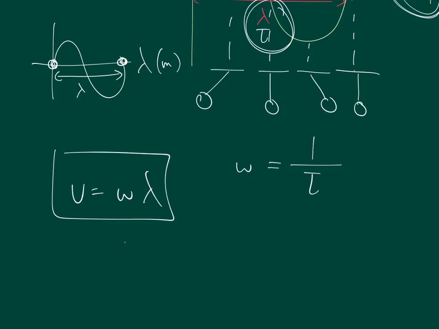If you solve for omega on the left here, you get V over lambda. Well, it looks like omega is inversely related to the wavelength. It's also inversely related to the period, because Marilyn asked a little while ago about period and wavelength and how they differ. Well, they're very similar, actually. They're both inversely related to frequency.